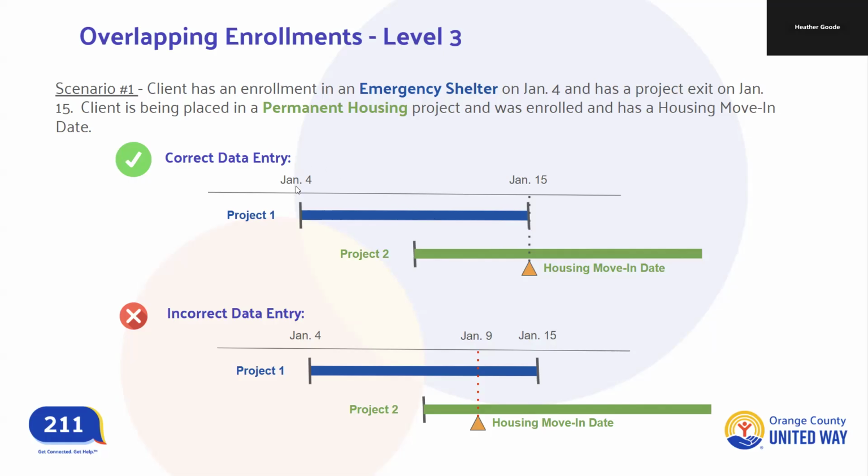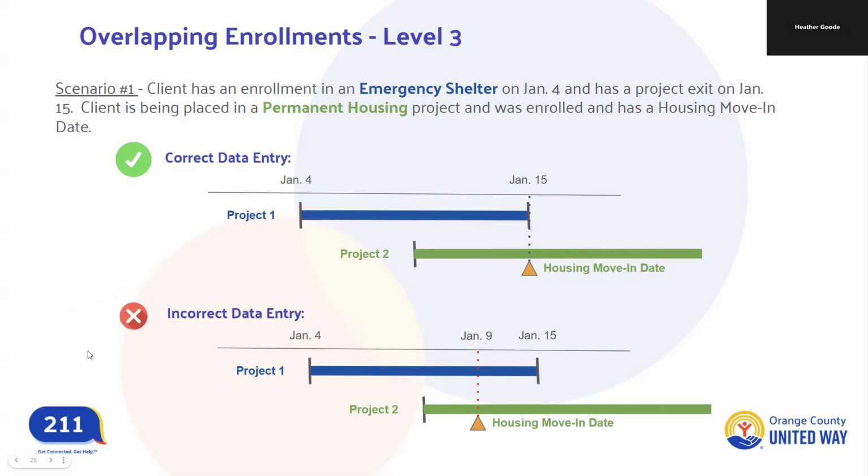So you can see they were enrolled in project 1, the emergency shelter, on the 4th. And then sometime in here, they were accepted and enrolled into the permanent housing project, and then recorded their housing move-in date when the client was exited from project 1. So you can see this is an accurate data entry.